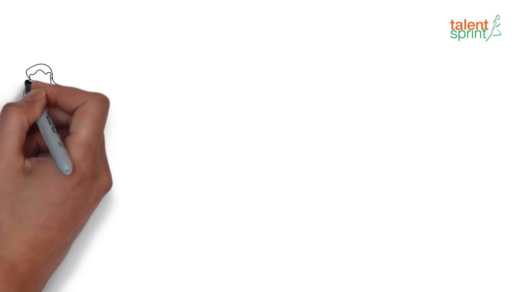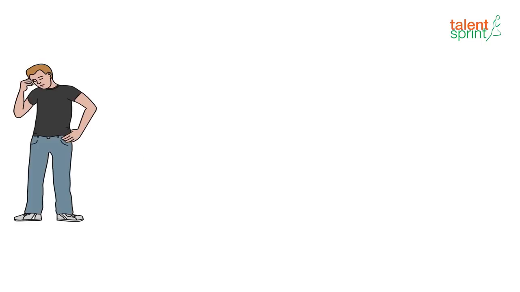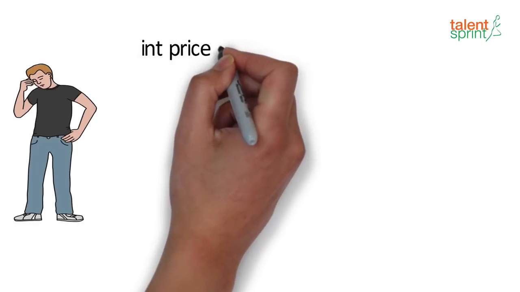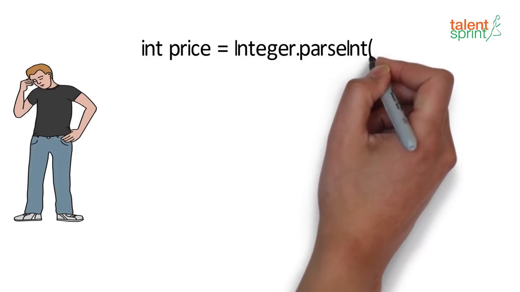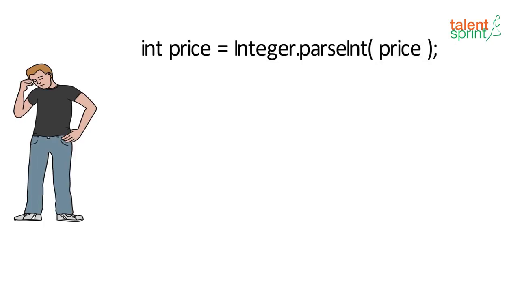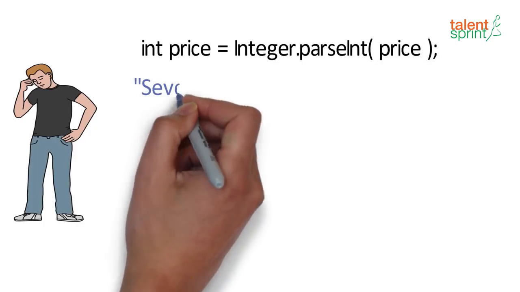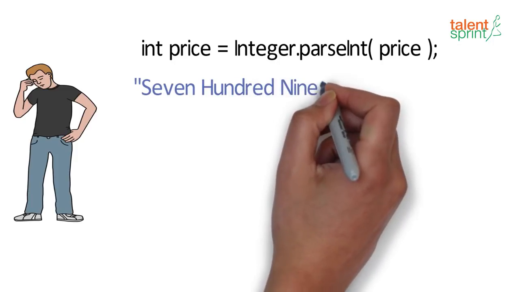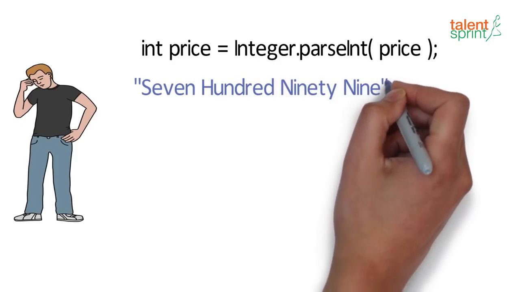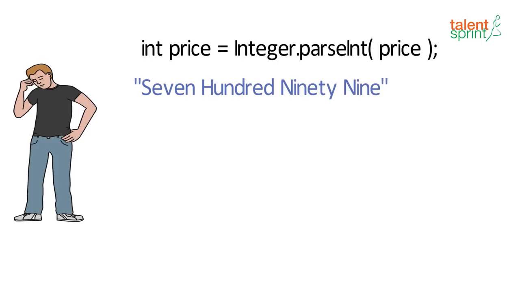So what would happen, let's say, if you have a string input that is supposed to have an integer value and you want to use the function parseInt to get that integer value, but when the user actually enters the value, instead of entering the integer value, he enters the value in plain English format, like seven ninety-nine?